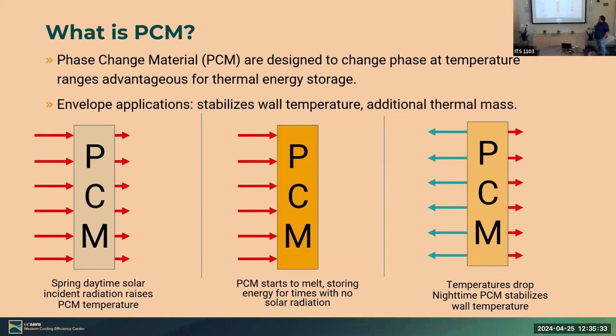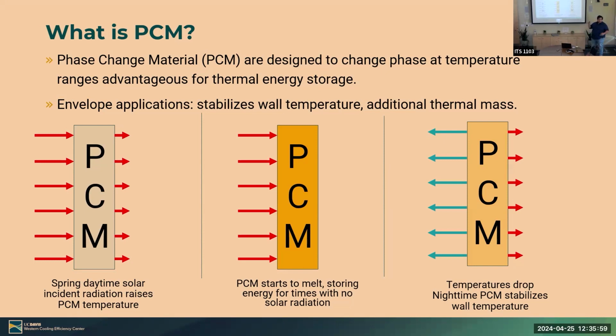Going through a quick example, you can imagine a spring day or winter day where you have cold mornings and nights, but you have large solar incident radiation on the wall during the daytime. The PCM will start the day frozen. As the sun rises and the wall warms up, heat will transfer through the wall into the PCM. That PCM will raise temperature into the melting point and it will start melting.